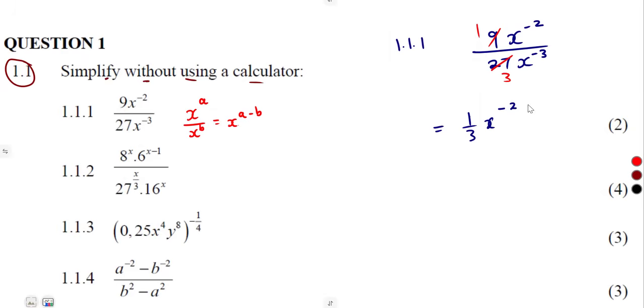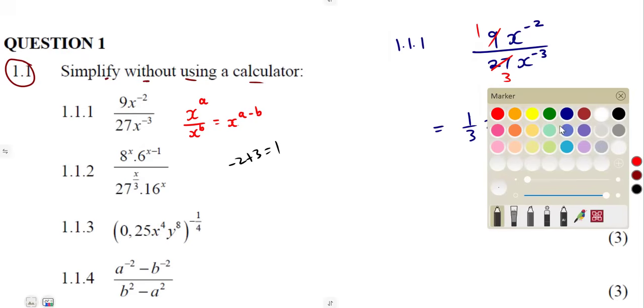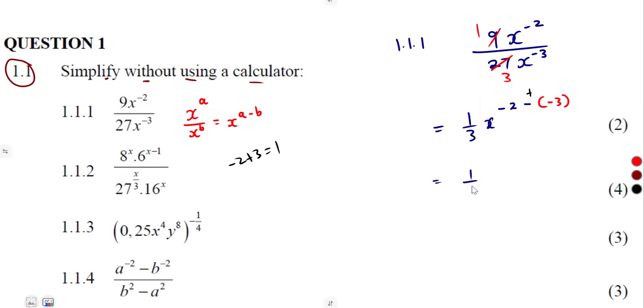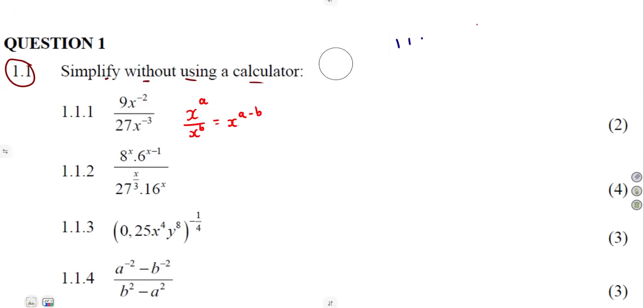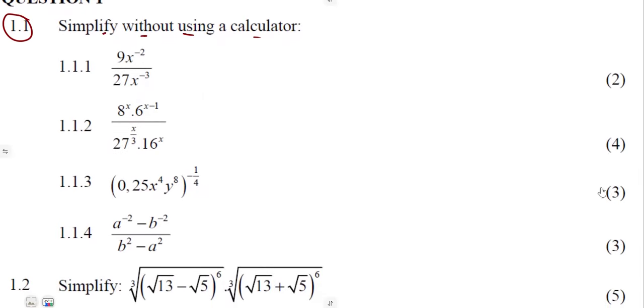So that's minus 2 minus, what are we subtracting? Minus 3. A minus and a minus, that's a plus. So you're going to have minus 2 plus 3, which is 1. So that is 1 over 3x to the exponent of 1, and x to the exponent of 1 is x. So this is what you're going to have at the end. Those are the laws of exponents that you needed to apply.